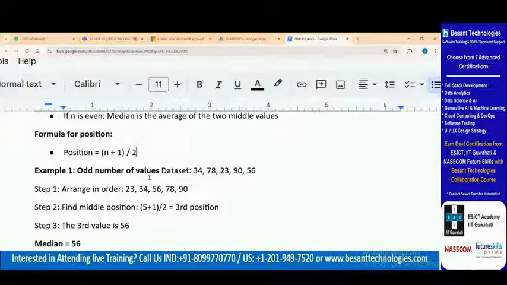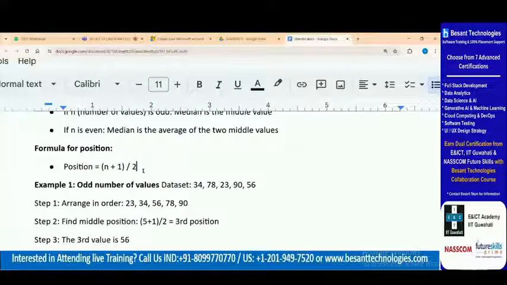You can also directly apply one formula, which is (n plus 1) divided by 2. Here n is the total number of components. If you have the data set 1, 2, 3, 4, and 5, then 5 plus 1 divided by 2 gives 3, so after arranging all the elements, the third position element is the median.